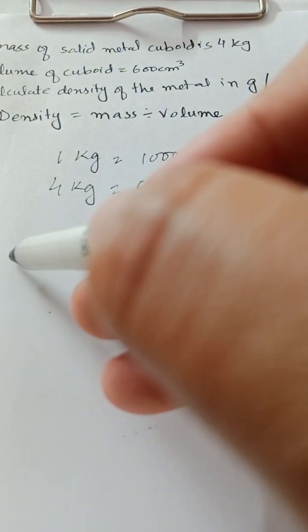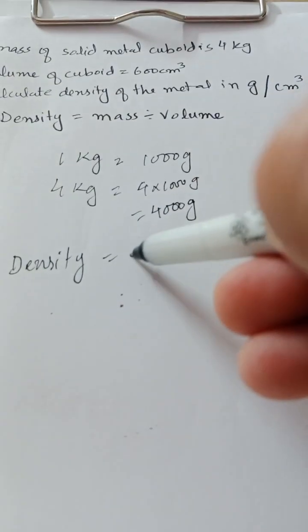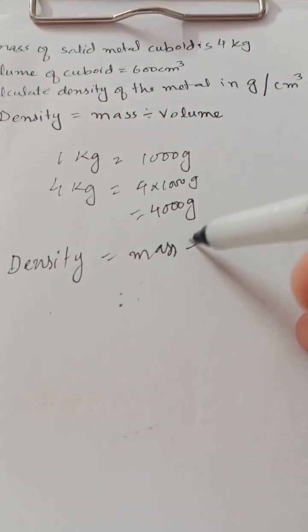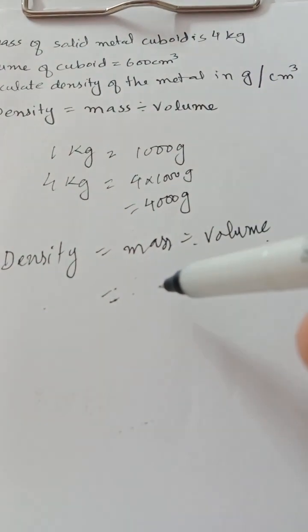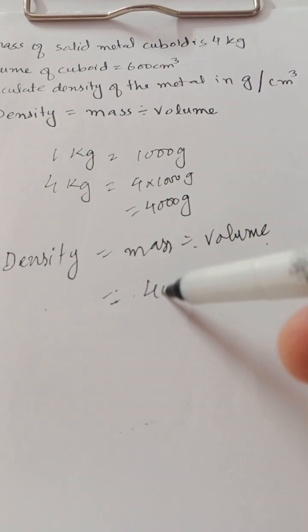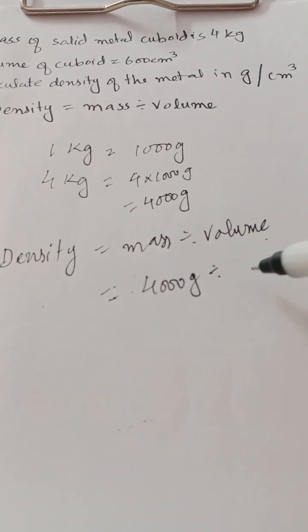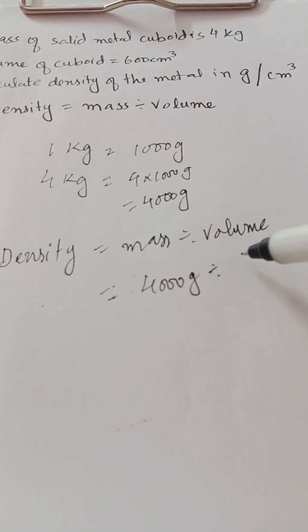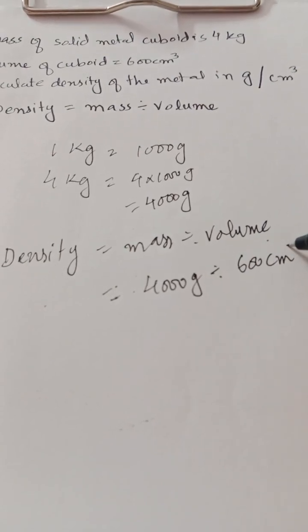Now we will apply the formula. Density is equal to mass divided by volume. So mass is here 4000 grams, divided by volume, that is 600 centimeter cube.